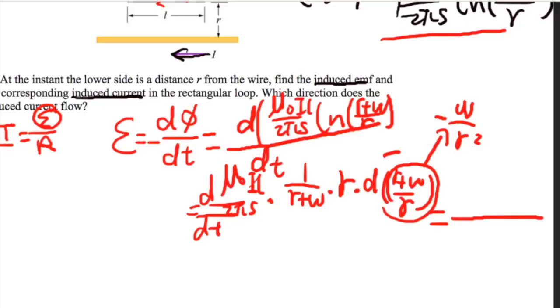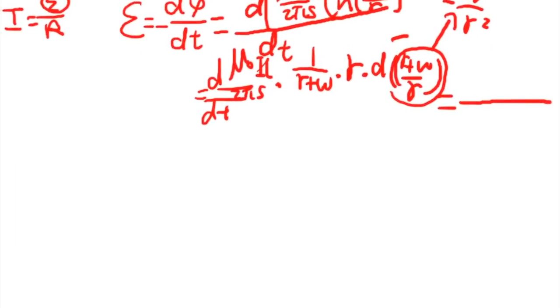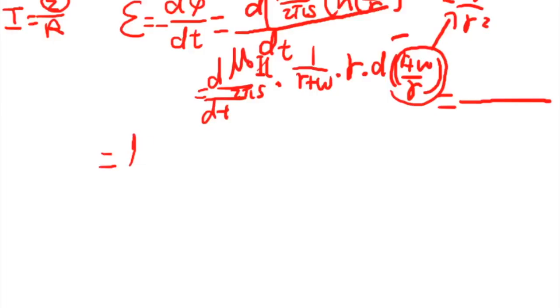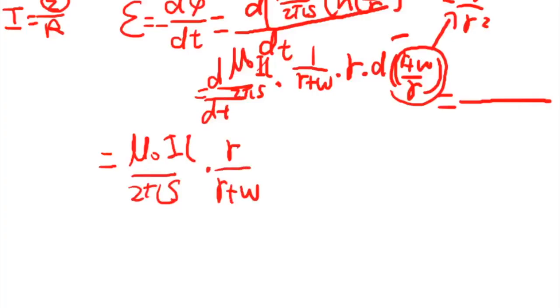Oh, it's a little bit messy here. Let's move it down here. Yeah. So this whole thing, I'll try to make this legible, I promise. Equals r over r plus w times negative w over r squared times dr dt, since we're taking the derivative, as you guys remember.